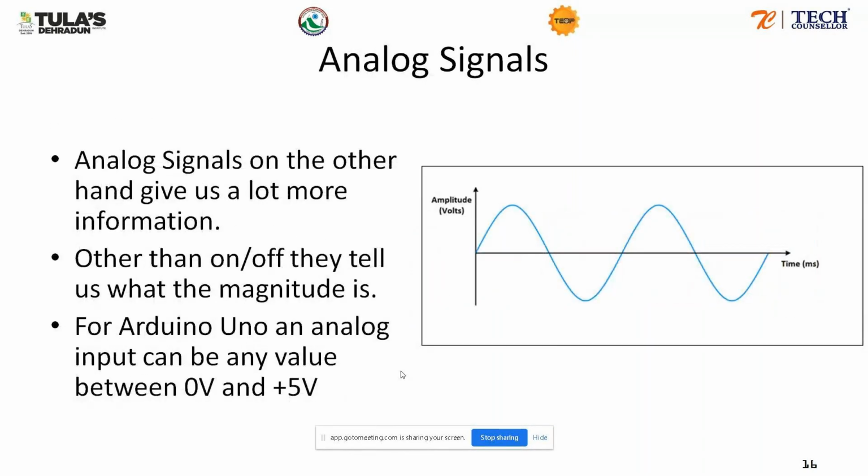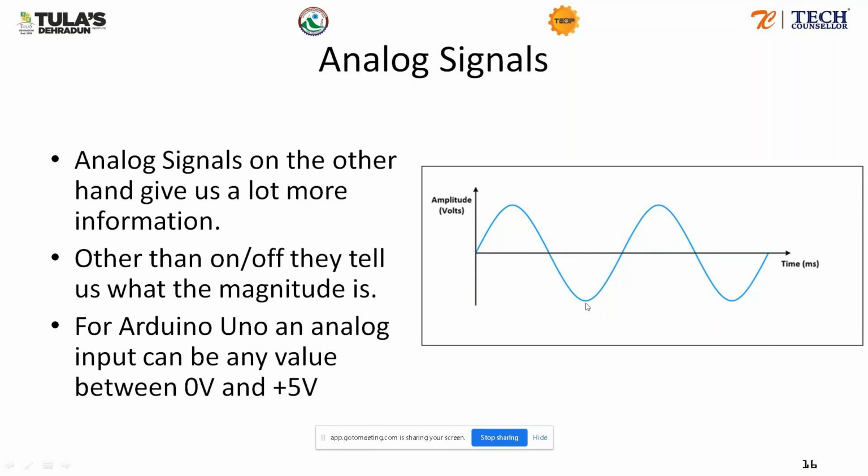Whereas an analog signal, on the other hand, gives us a lot more information. Other than on or off, it tells us what the magnitude is. For an Arduino, an analog input can be any value between 0 volts and 5 volts. Although in this graph the line is going below the axis, nowhere is it mentioned that this line is 0 volts.